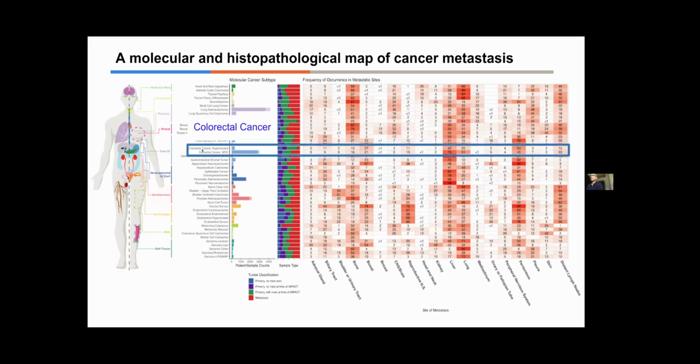And similarly in colorectal cancer, cases where you have a high number of mutations, first of all, fare better than if you don't have a high number of mutations. But in the hypermutant cases, they're less susceptible to metastasize to the liver here.